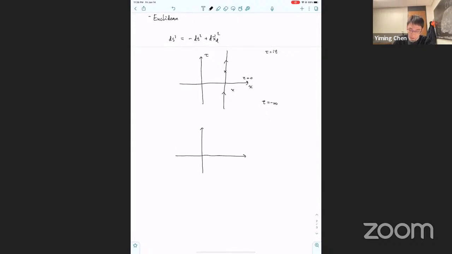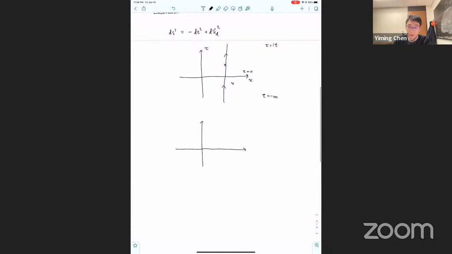Rather than looking at this path integral from tau equals minus infinity to plus infinity, we can choose a polar coordinate where tau is equal to r cosine theta. And let's choose one of the spatial coordinates x1 equal to r sine theta.